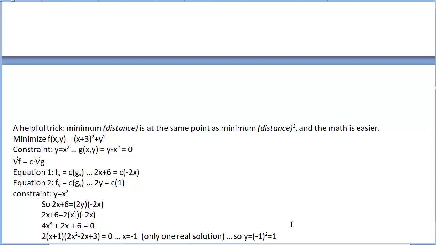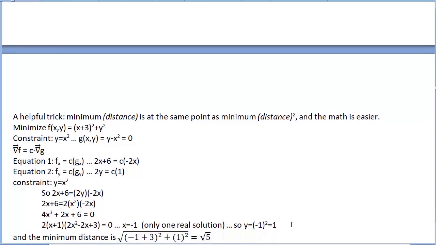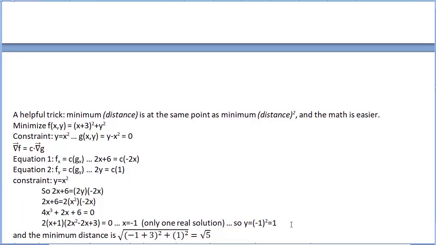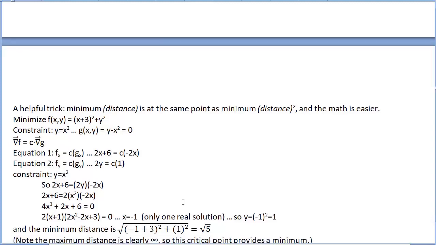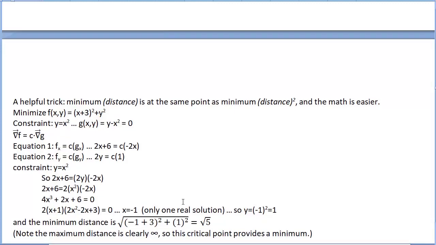So this tells us that our only critical point is (-1, 1), and therefore the minimum distance is going to be, plugging into the distance formula, the square root of (-1 plus 3) squared plus 1 squared, which gives us the square root of 5.